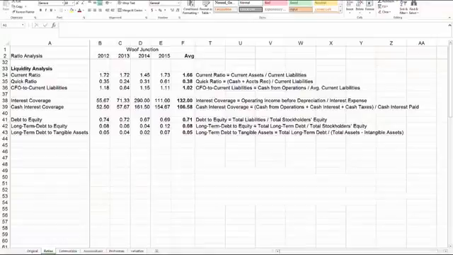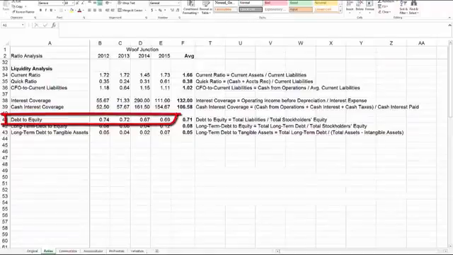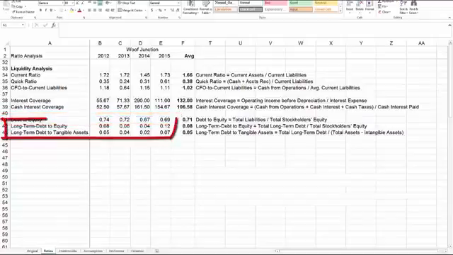Let's take a look at these ratios for WOOF Junction. So we have debt to equity, which is below 1, which means that WOOF is using more equity financing than debt financing, and it's been trending downward over time. If we just focus on long-term debt to equity and long-term debt to tangible assets, it's a fairly low number, but it has trended up a little bit in the last year.